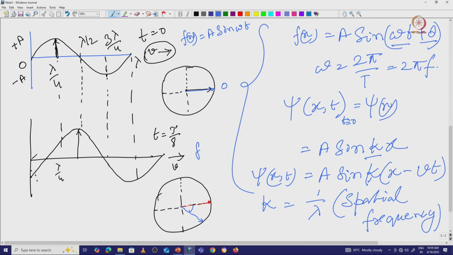Then you can write f of x equals, amplitude has no change, sine omega t plus 45, because of this change.